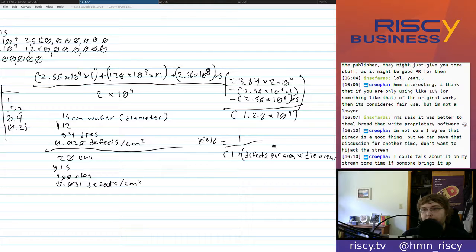So that would be this part of it right here, defects per area. But then we need to figure out the die area. So I guess they don't straight up give us the die area, do they? But we know how many dies there are, and we know the diameter of the wafer. So maybe we can figure it out based on that.